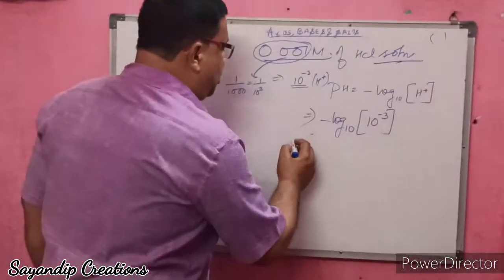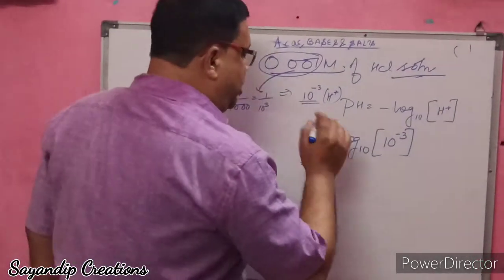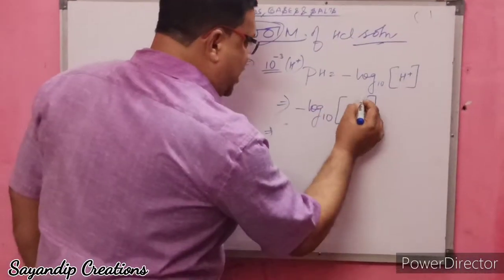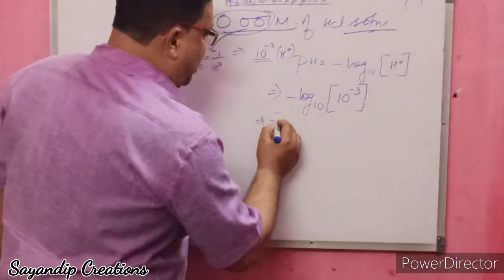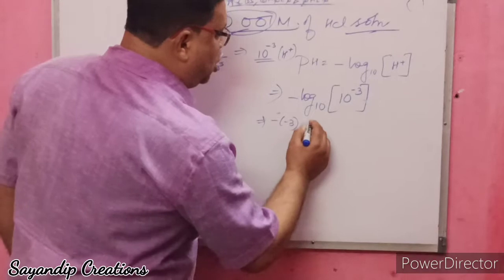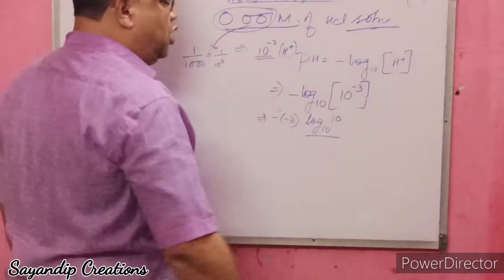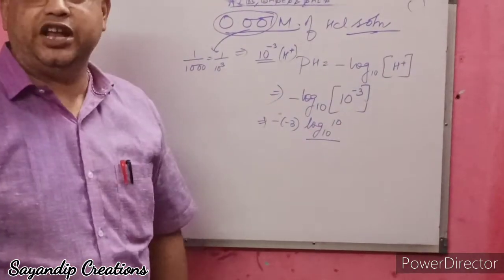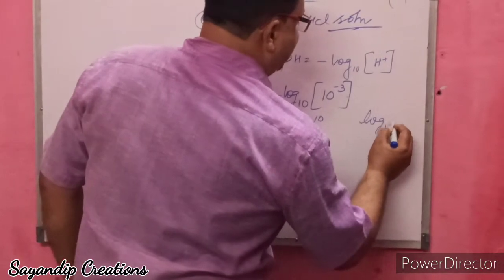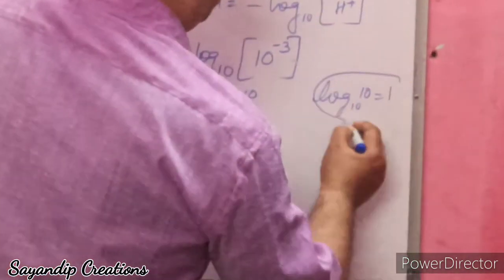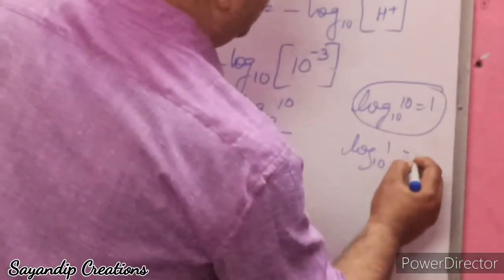Now how to solve? You have not done pH questions in the junior classes. This minus 3 is the power index, and it will come to the front. So minus of minus 3 log 10 base 10. Remember, log 10 base 10 is always 1, and log 1 base 10 is 0.